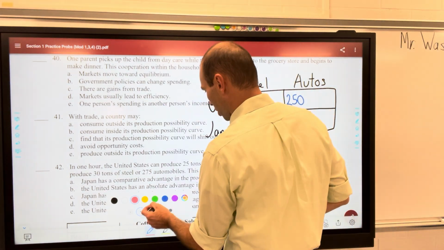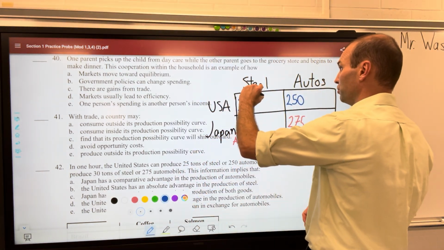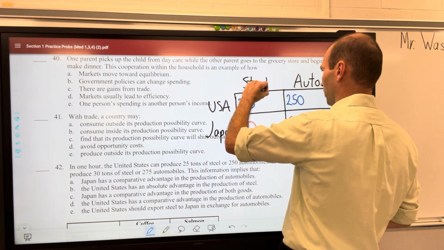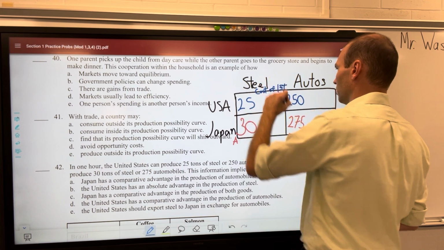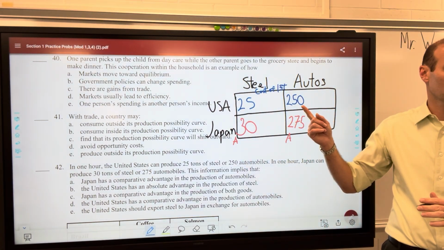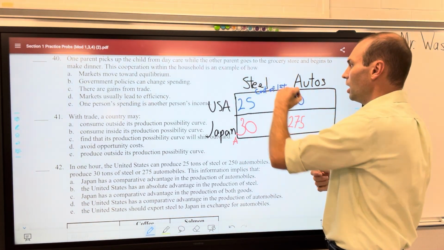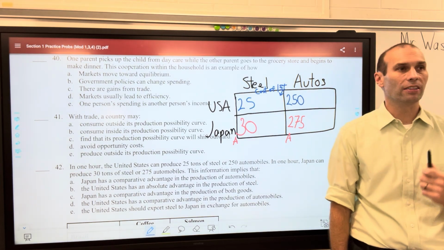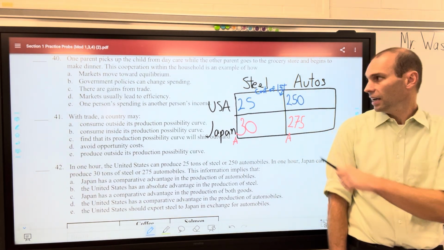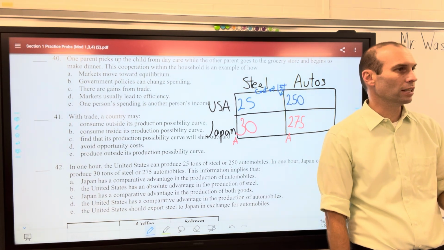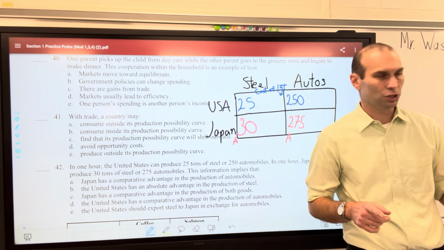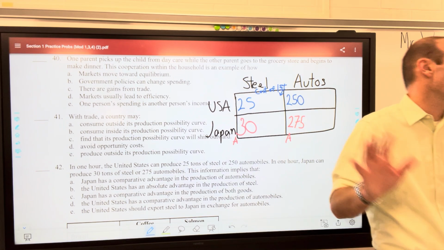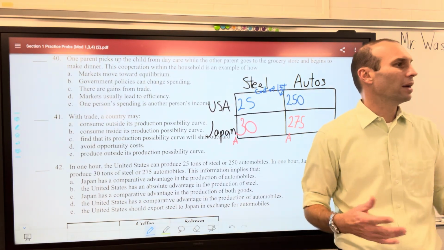So what I'll go ahead and do is write cost of one steel. You guys understand? I'm gonna put it down here. So I'm trying to find the cost of steel in the form of automobiles. So I need a ratio, which means I gotta turn those numbers into a fraction or a division problem. It's the same thing. You guys understand? But how do I set it up?